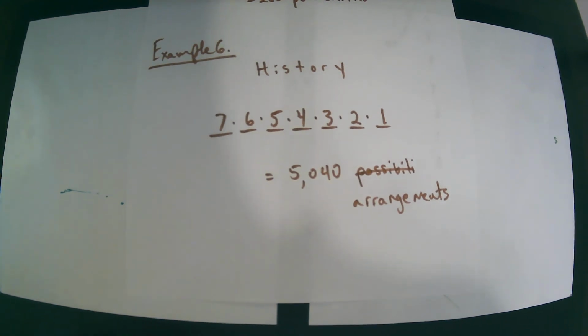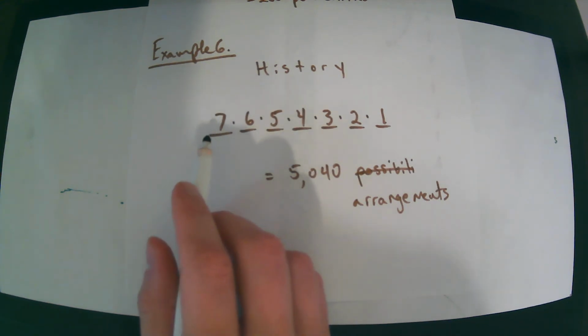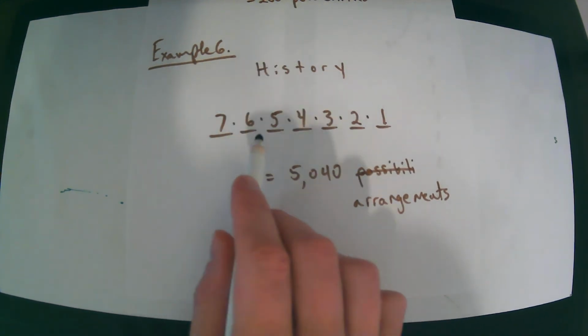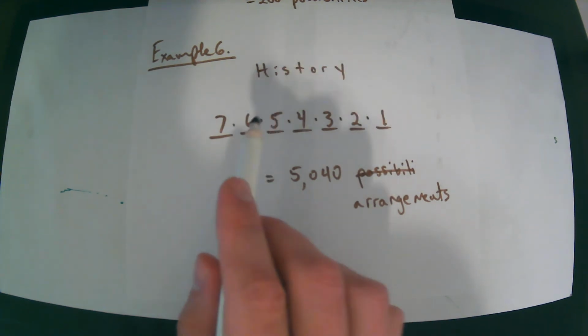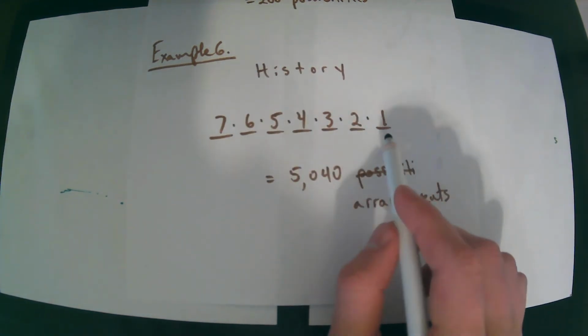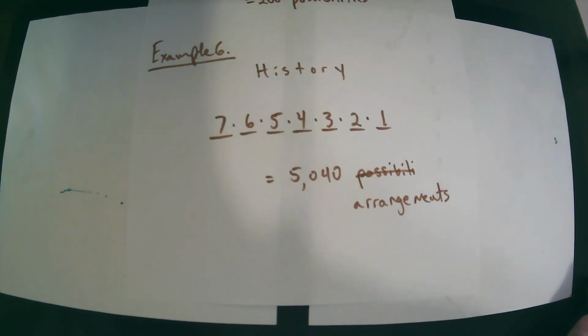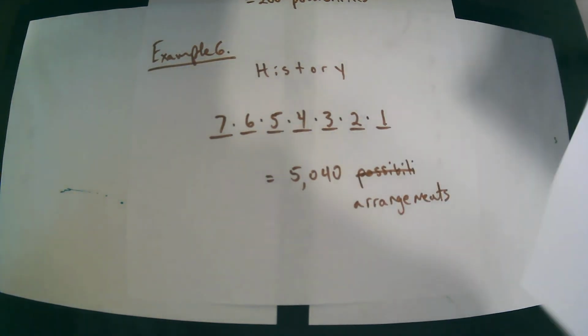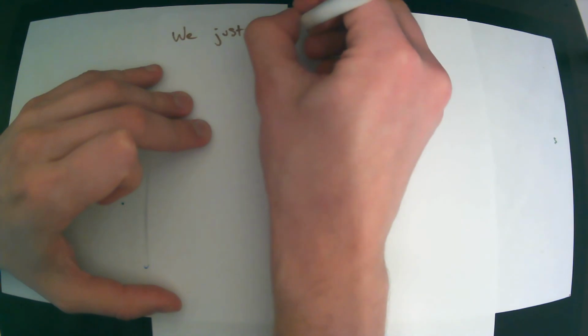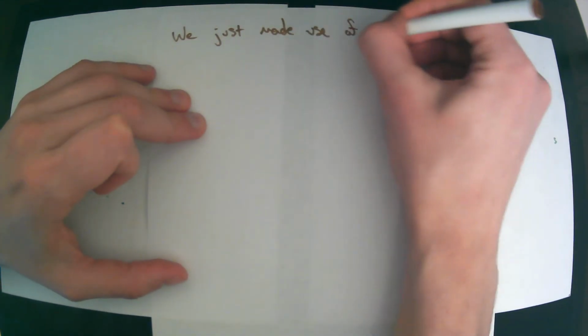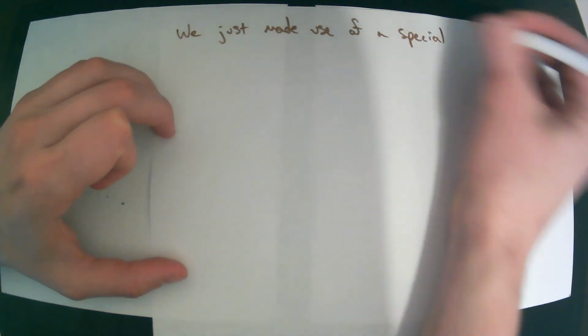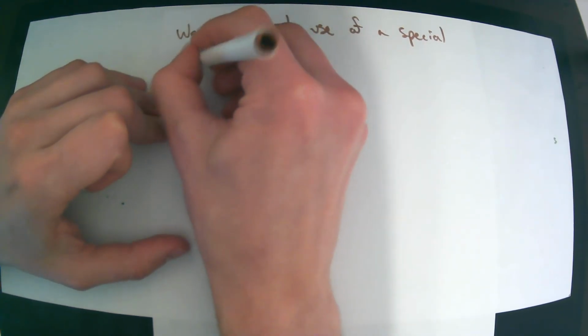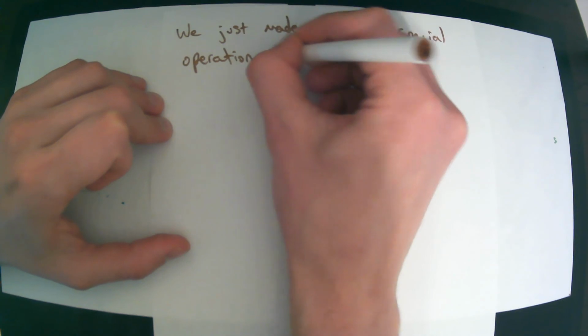So this is actually multiplying, picking a number to start at, like 7, and multiplying it by numbers that are decreasing by 1 each time and ending at 1. That is actually a special calculation called a factorial. So we just made use, maybe without knowing it, of a special operation called a factorial.